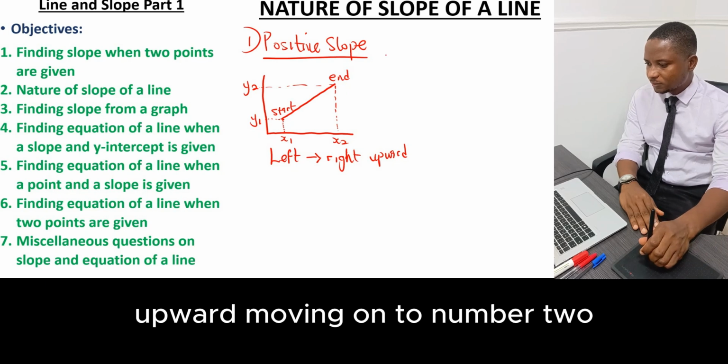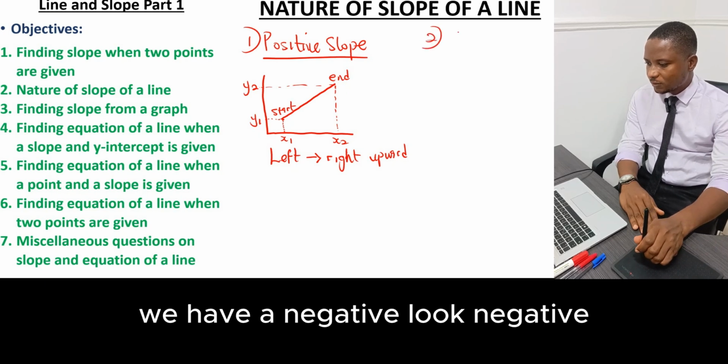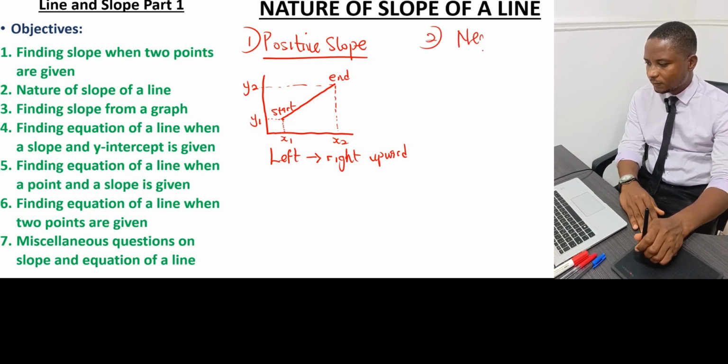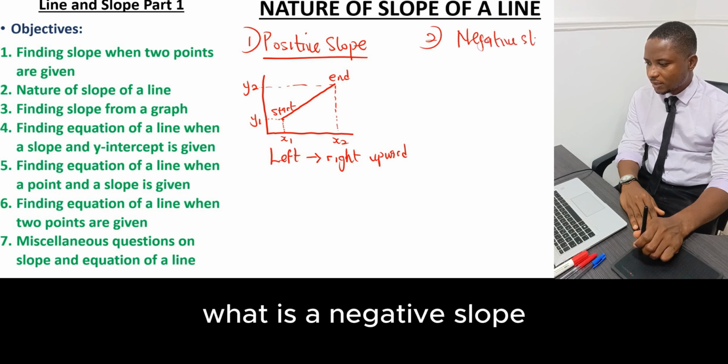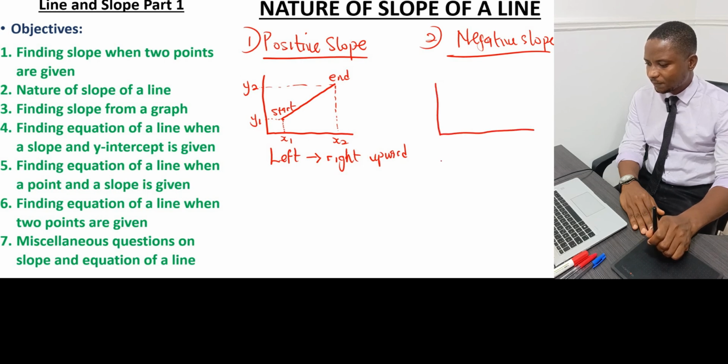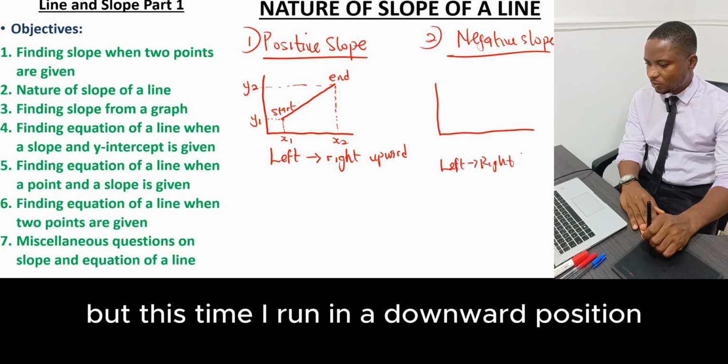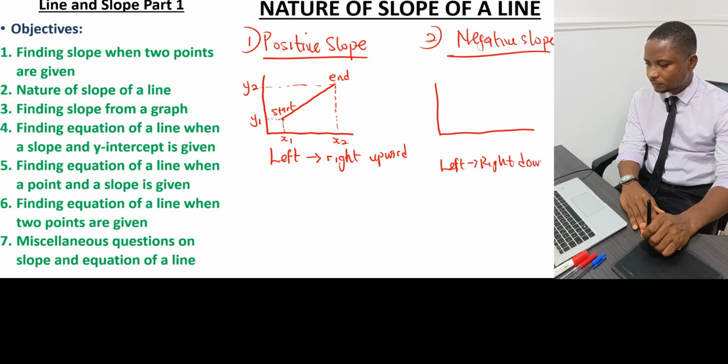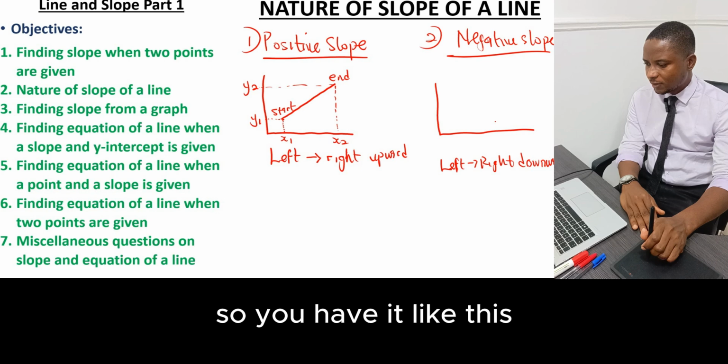Moving on to number 2, we have a negative slope. What's a negative slope? A negative slope is also a line that runs from the left to the right, but this time around in a downward position. So you have it like this.